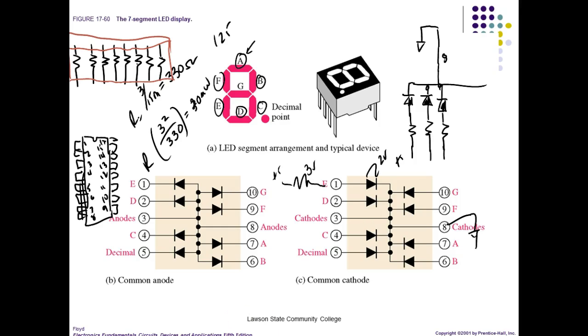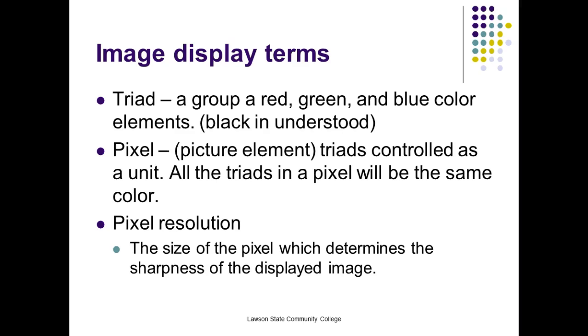7-segment displays. You ever seen these guys? These guys are all over the place. Odds are there's a lot of things that don't display characters, like the cable box you got at your house is nothing but probably LEDs, right? What we do to display using LEDs is set up what they refer to as a triad.